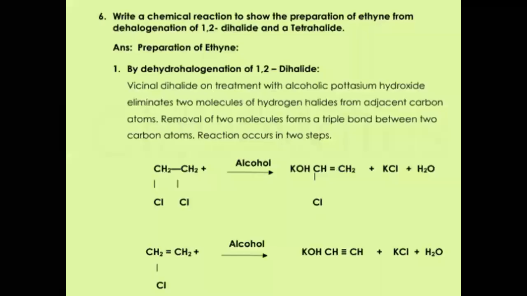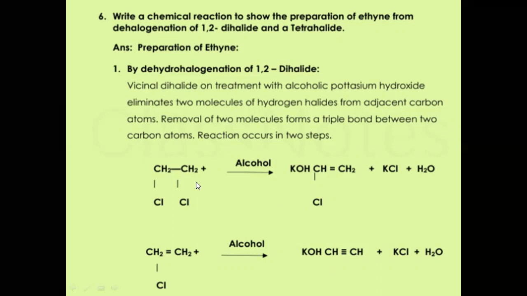Question number 6, write a chemical reaction to show the preparation of ethyne from dehalogenation of 1,2-dihalide and tetrahalide. So we need two reactions. First one is the reaction of 1,2-dihalide, its conversion into ethyne.